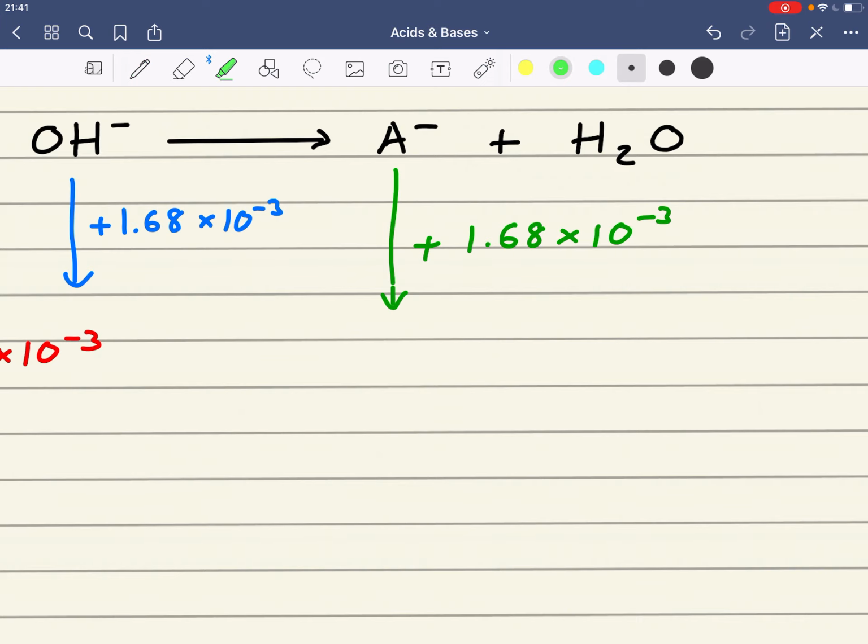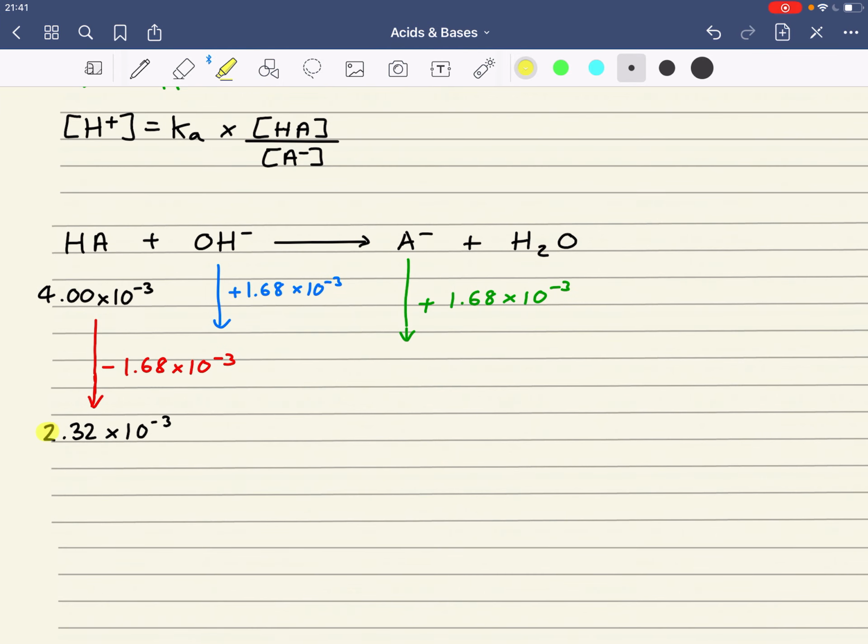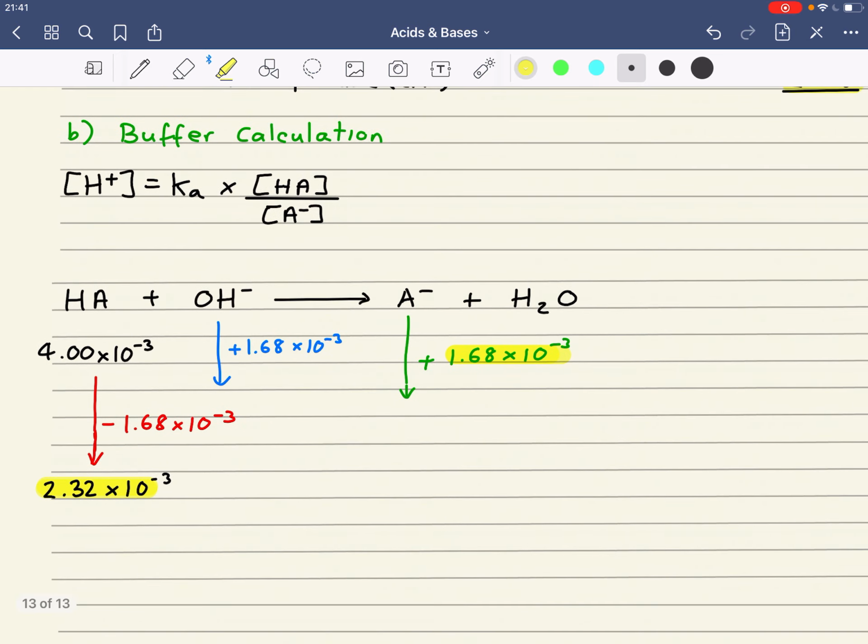So now I've got my HA moles and my A minus moles after the addition of my hydroxide ions, and I can simply plug these numbers into here. So let's do that.